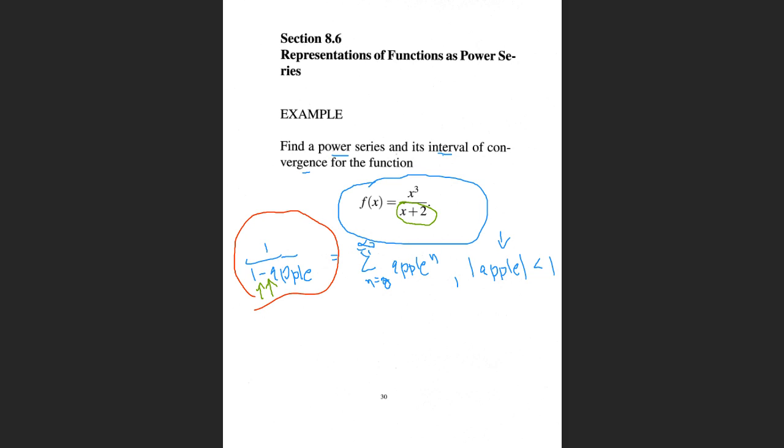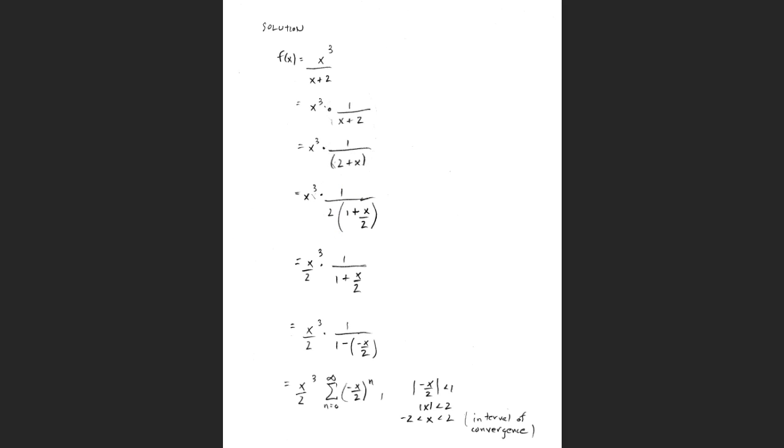What we have here is x cubed times 1 divided by x plus 2. But the denominator does not look like 1 minus an apple, so we have to manipulate it a little bit. Let me go to the next page and I'll show you the solution.